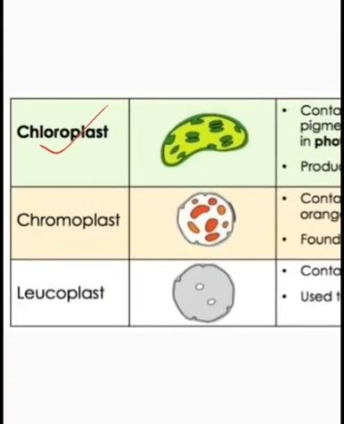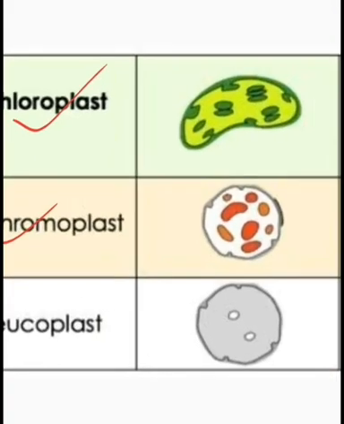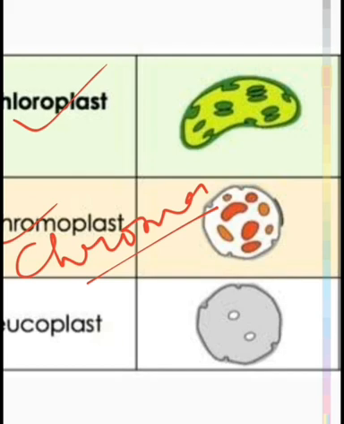The next type of plastid that we will discuss is chromoplast. The word chromoplast is derived from the Greek word chroma, which means color, and plastin means to form.